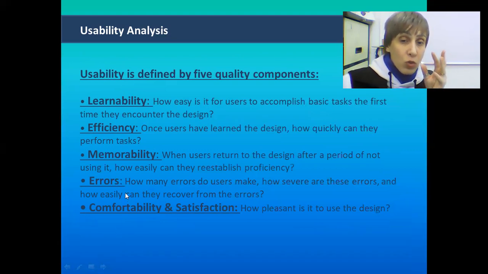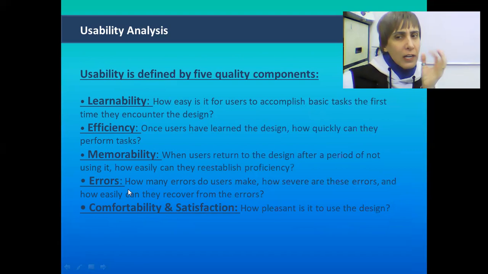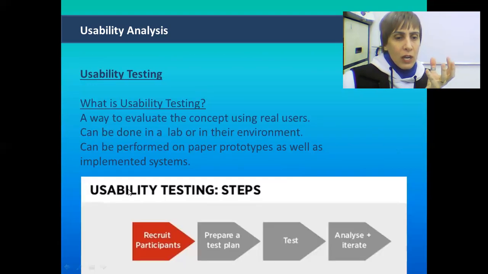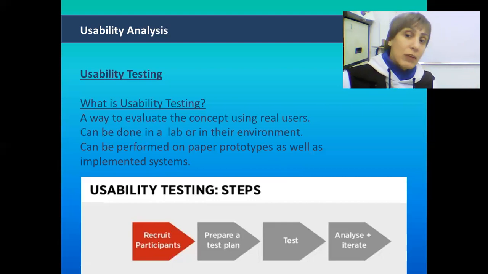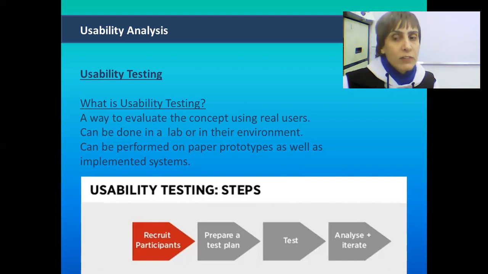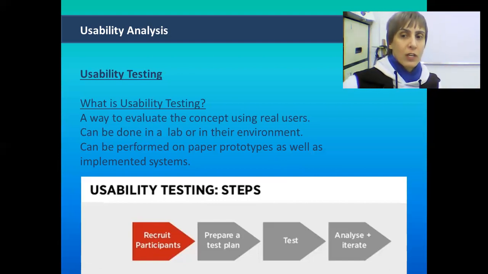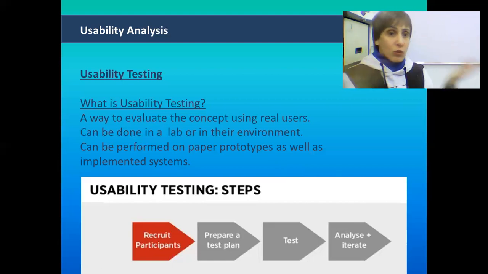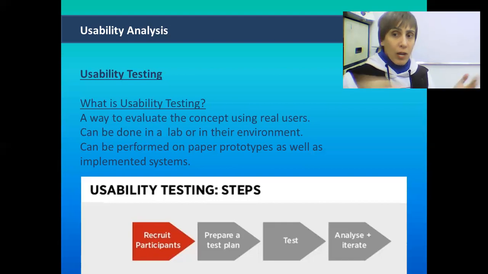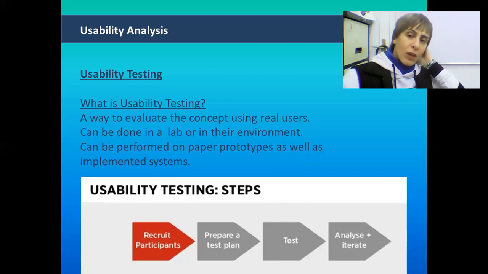So usability problems that are a little bit hidden. So as a designer, for example, I think it's perfect what I designed, but you can never be sure. You can never be sure that it's perfect until you test it on users. Maybe for you it's perfect, but if I use it, maybe I don't understand it, or I make many mistakes.